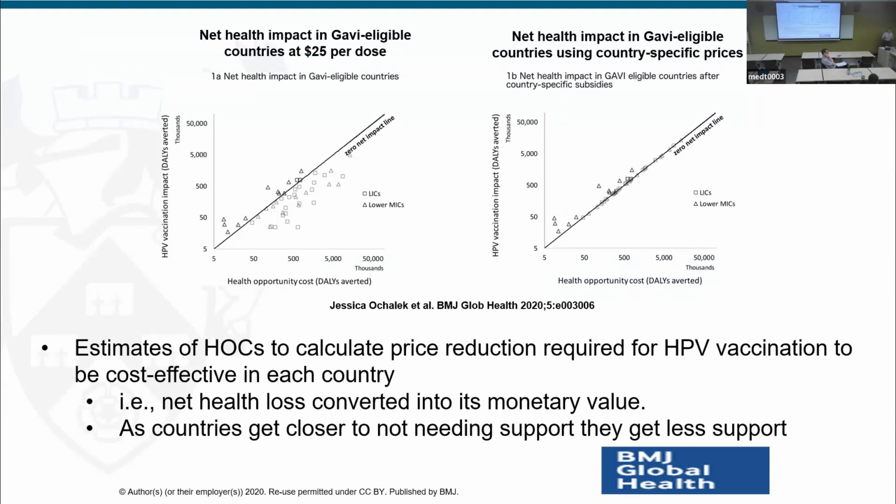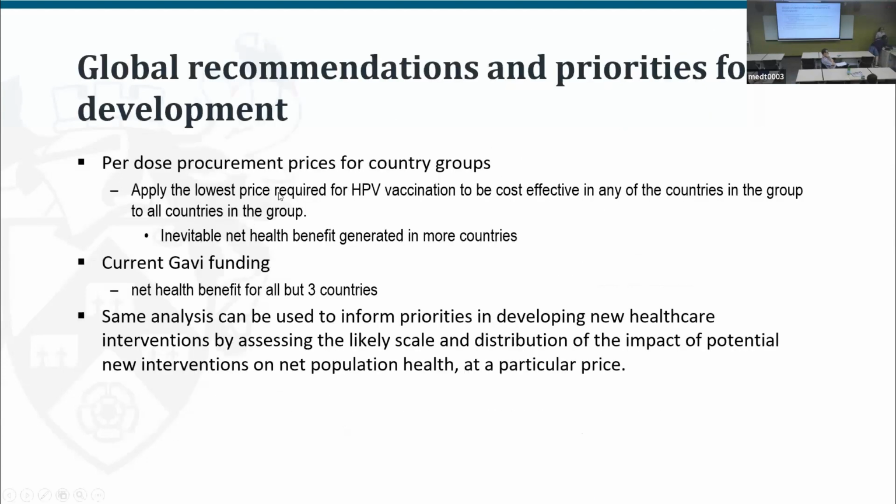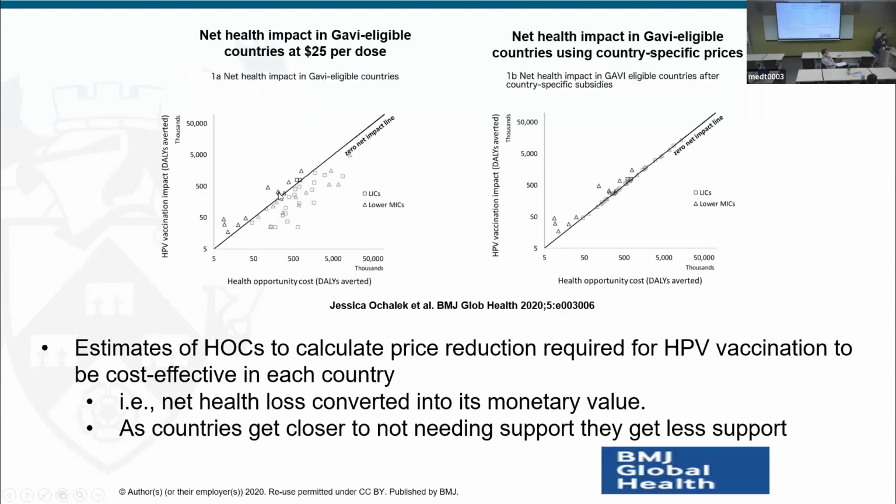And this is a useful potential policy because it means that Gavi, if Gavi is the one paying for this, is having to pay the minimum difference in price between the PERDOS market procurement price and the price required in order for it to be a cost-effective use of resources. But it's not necessarily a realistic policy objective.